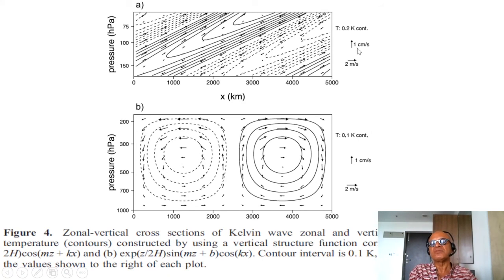And the vertical motion here is order 1 centimeter per second. Same here. Horizontal velocity vectors are 2 meters per second, and the temperature contours here are 0.2 Kelvin. So much more temperature contrast here than here, which is 0.1 Kelvin. But you can see the wave structure in the zonal vertical direction here.